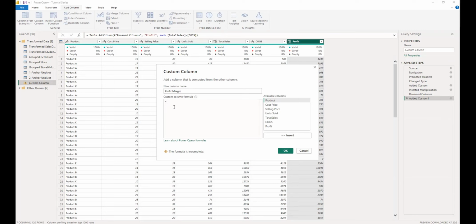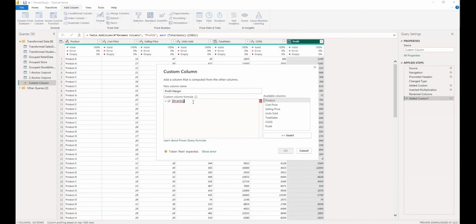Profit margin, which is loss and gain. Not sure if we're using the correct nomenclature, but we'll survive. So what are we saying?